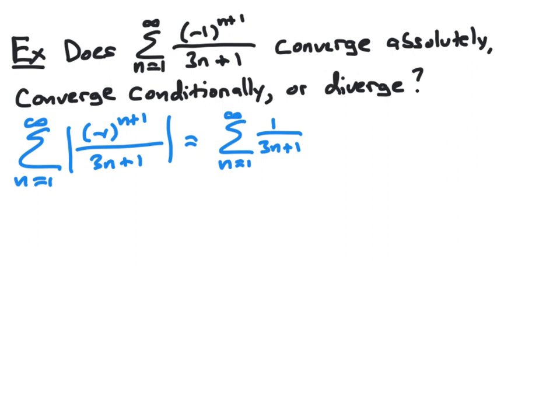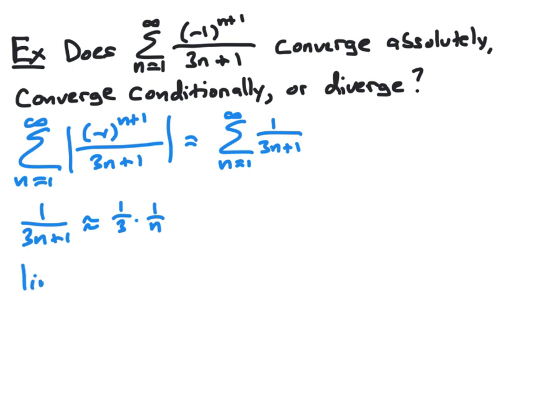In this case, we notice that this series term 1 over 3n + 1 looks a lot like 1/3 times 1 over n, or 1 over 3n. And so here we're going to use the limit comparison test to compare our series with the divergent p-series 1/3 times 1 over n.